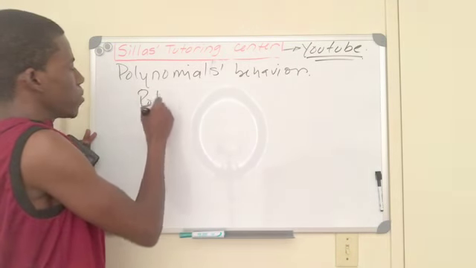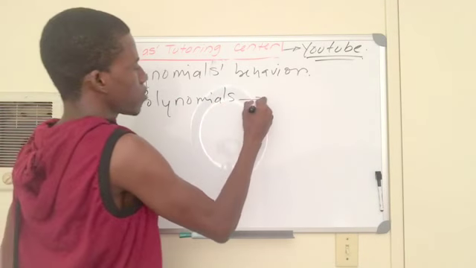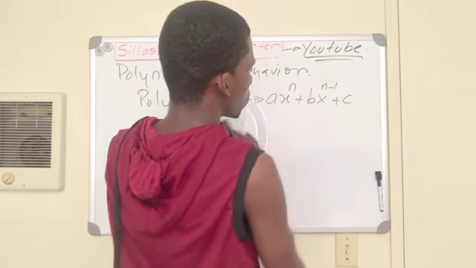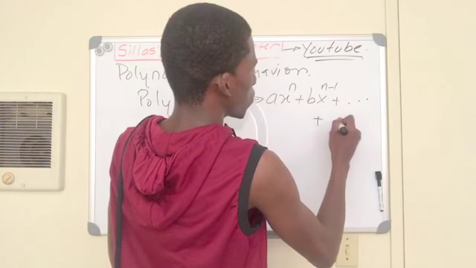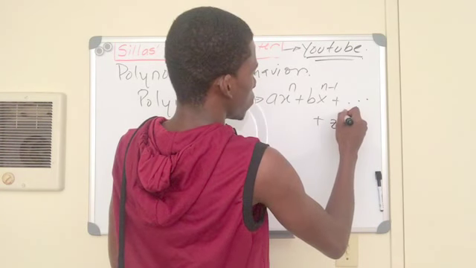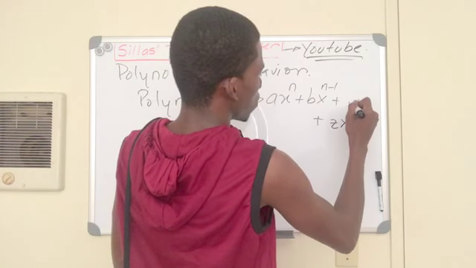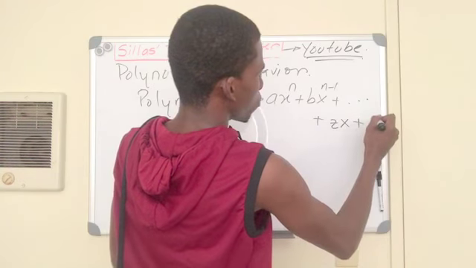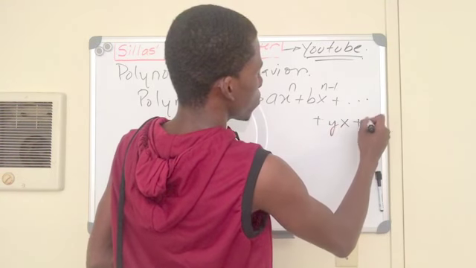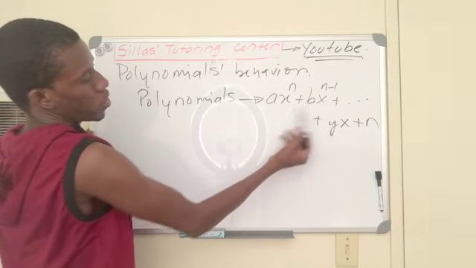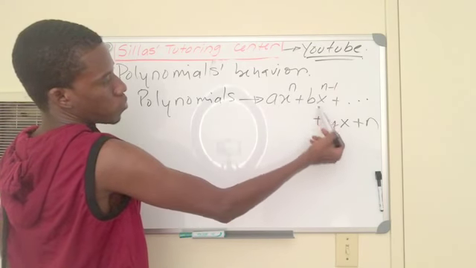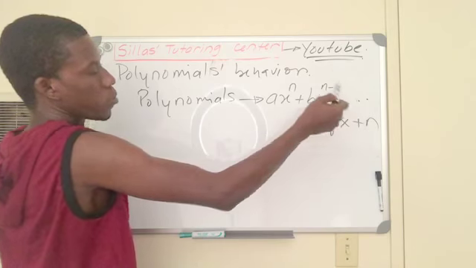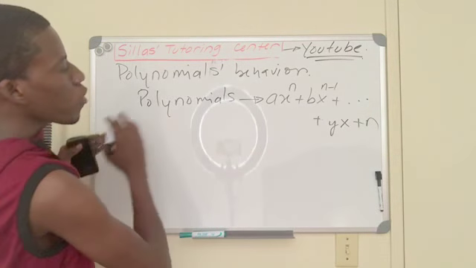Polynomial is the general term for all the functions of the form a x to the n plus b x to the n minus 1 and so on. It presents in this form: ax squared plus bx plus c, ax cubed plus bx squared plus cx plus d, ax to the fourth plus bx cubed plus cx squared plus dx plus e, etc. We call all of them polynomials.